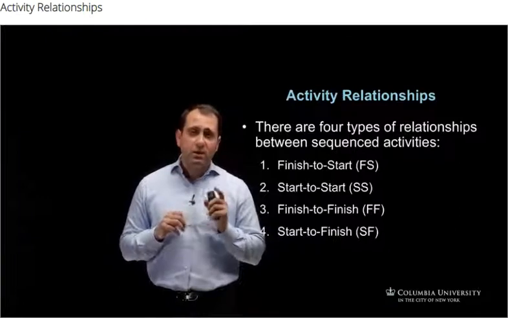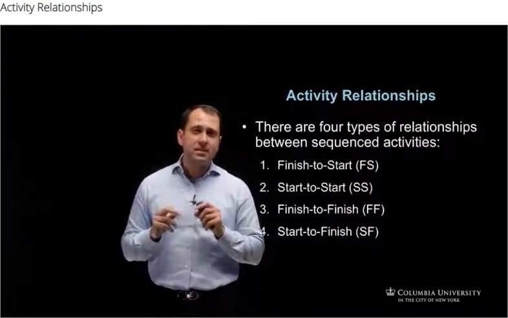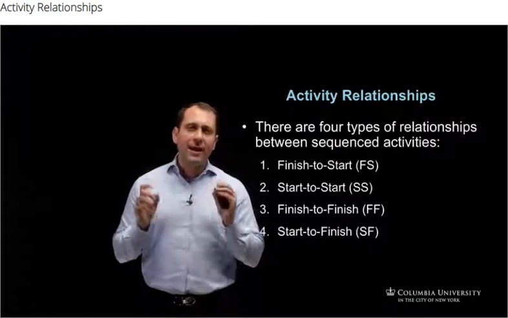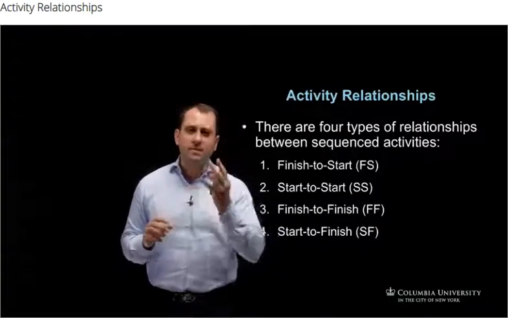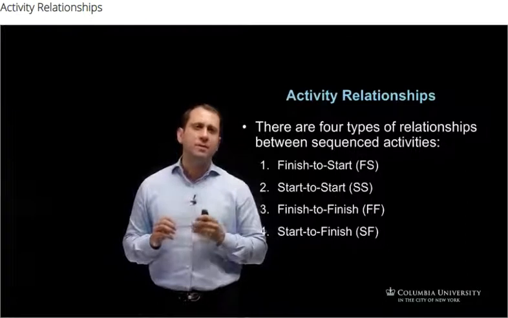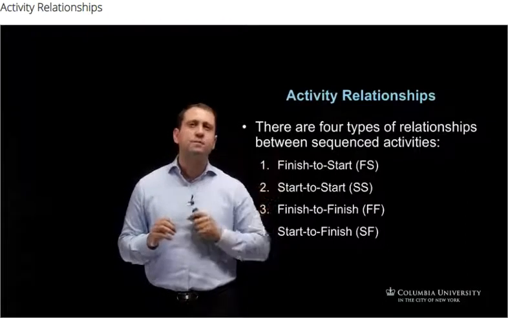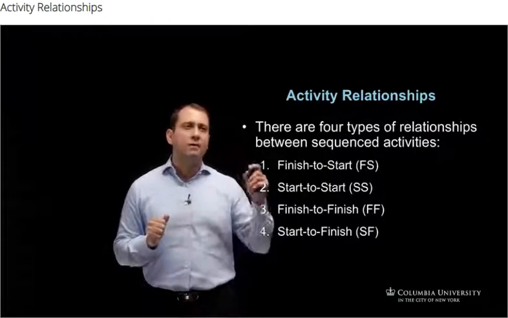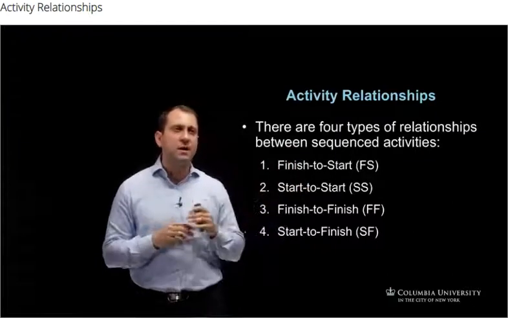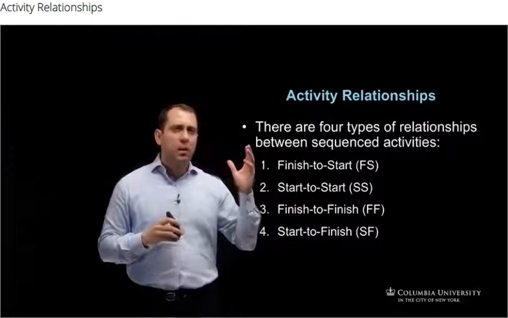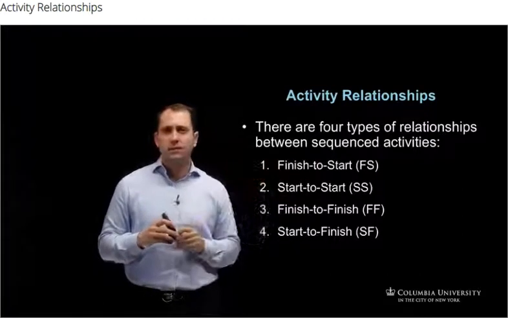Sometimes we refer to these relationships as construction constraints logic. And there are 4 types of relationships, as we can see here, that we can use to sequence the activities, starting from 1, finish to start relationship.